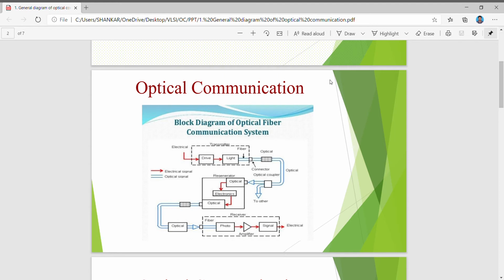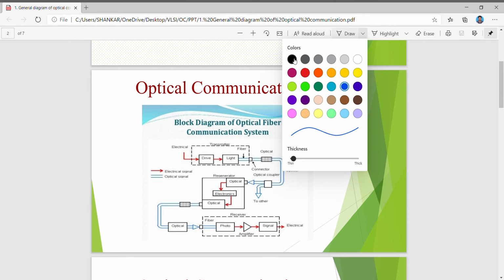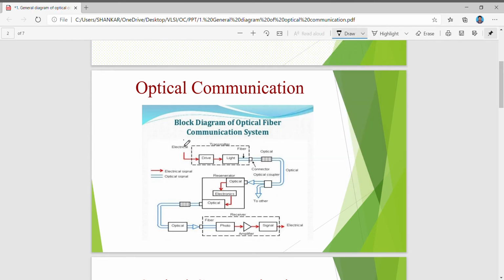In this block diagram, we have three main blocks: the transmitter, the medium, that is the channel, and the receiver.